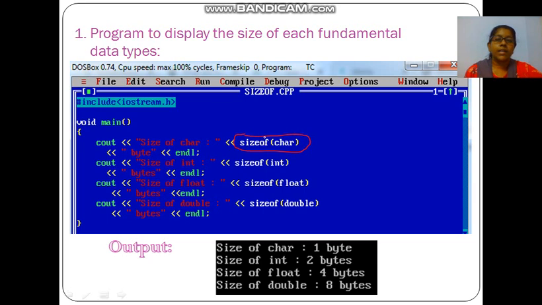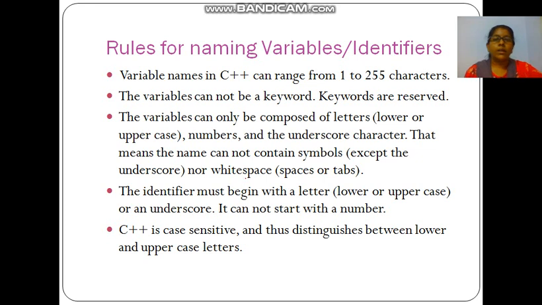Here, sizeof char, that means how many bytes are needed for a character. Look at the output, it is shown as 1 byte. Now sizeof int is 2 bytes, then sizeof float is 4 bytes, and sizeof double is 8 bytes. So this much memory is needed for storing these particular data types.